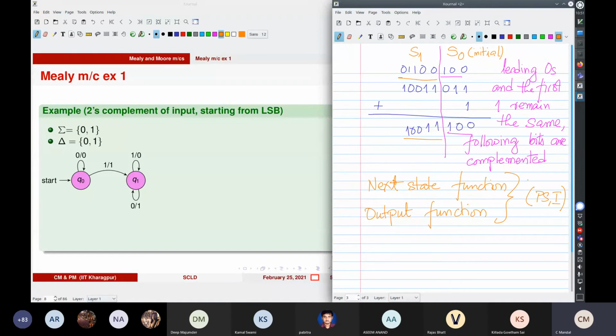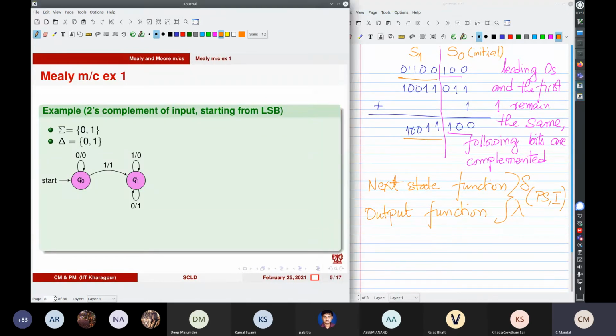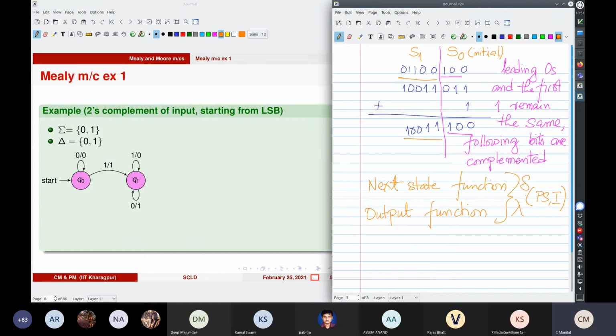This is your state transition function, and this is your output function. I think that is denoted by lambda. So from the diagram that you got, can you write down these two functions?